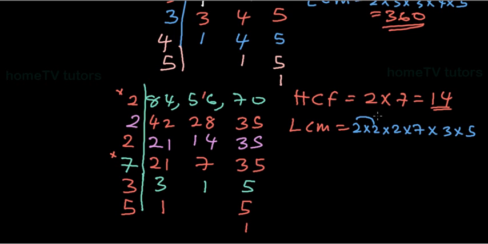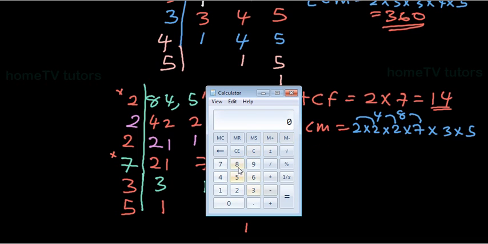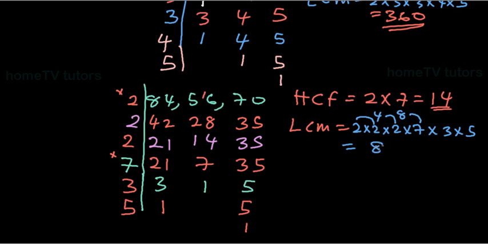So 2 times 2 is 4. 4 times 2, 8. 8 times 7 gives you 56. 56 times 3 gives you 168. 168 times 5 gives you 840. So 840 is the LCM of these given numbers, and 14 is the HCF of the given numbers.